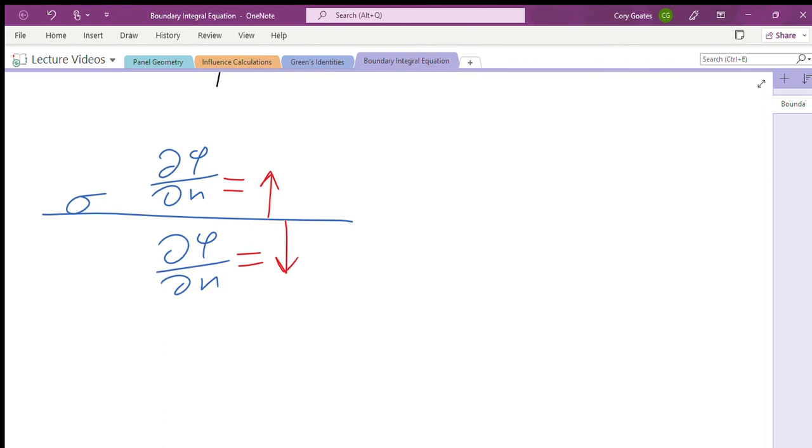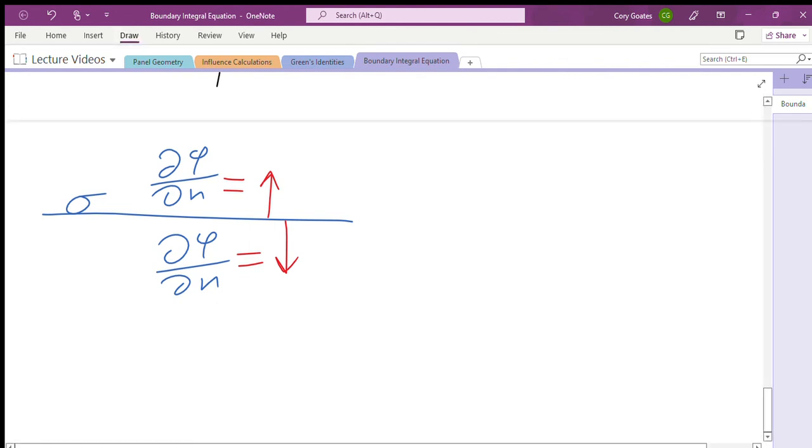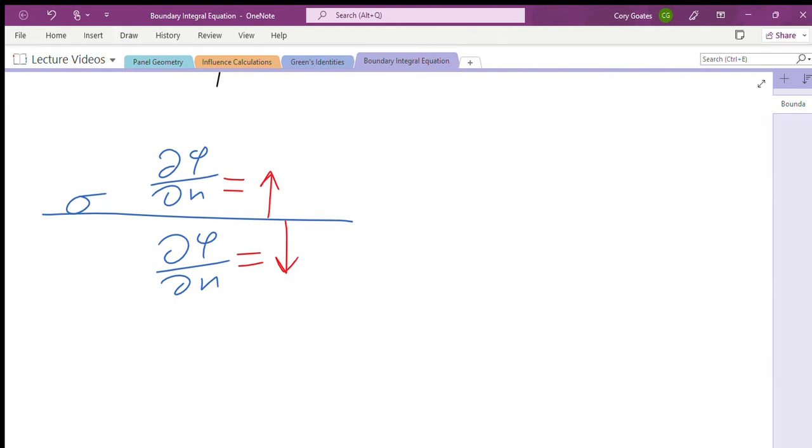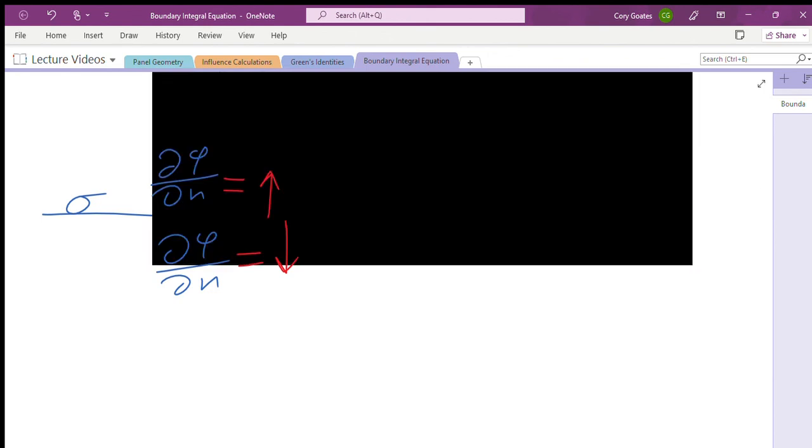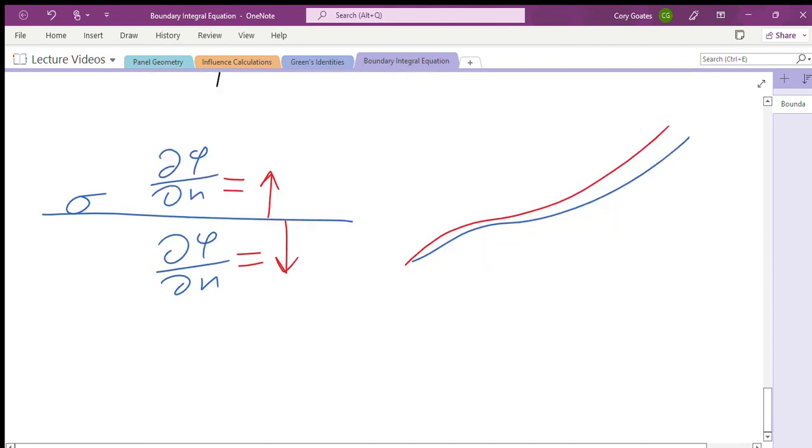Now think about a wake. Wakes are free, they flow with the flow, they're convected along, and they're not supporting any loads. And so a wake can't actually support a discontinuity in normal velocity. And what we can actually say is that if these are our streamlines coming aft of the configuration, then our wake has to follow exactly those streamlines.